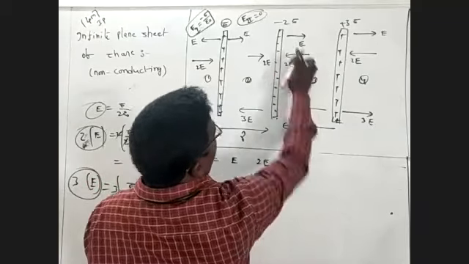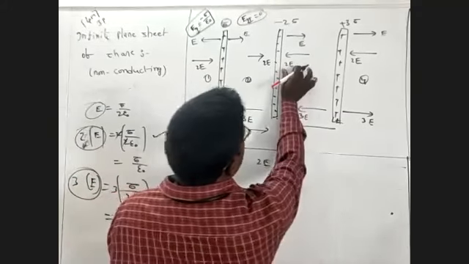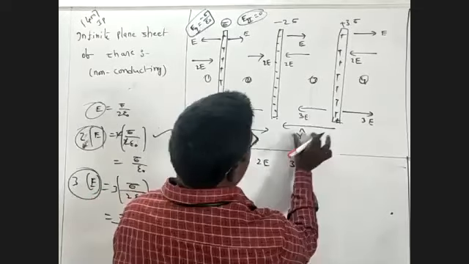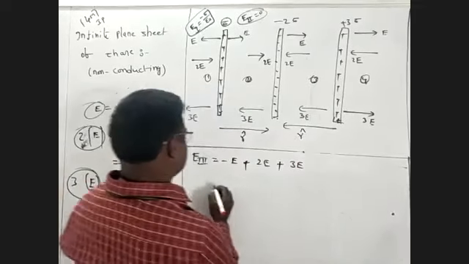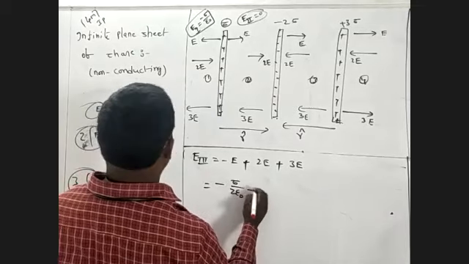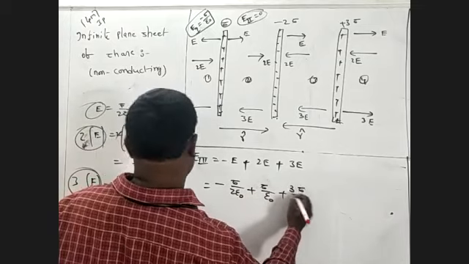The direction of E bar and direction of R cap are in opposite directions. The direction of 2E and direction of R cap are in the same direction. The direction of 3E and direction of R cap are in the same direction, positive. Now minus sigma by 2 epsilon naught plus 2E, sigma by epsilon naught, plus 3 sigma by 2 epsilon naught.